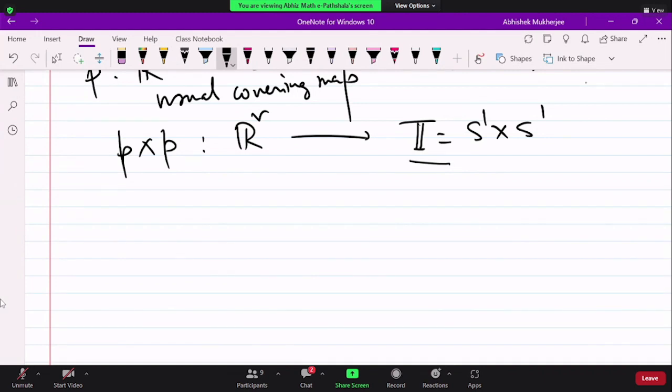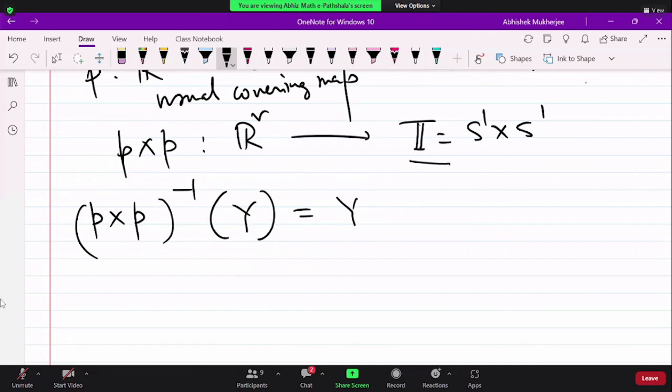And we take the inverse image of Y with respect to this covering. Let us call it Y tilde. And what is that?